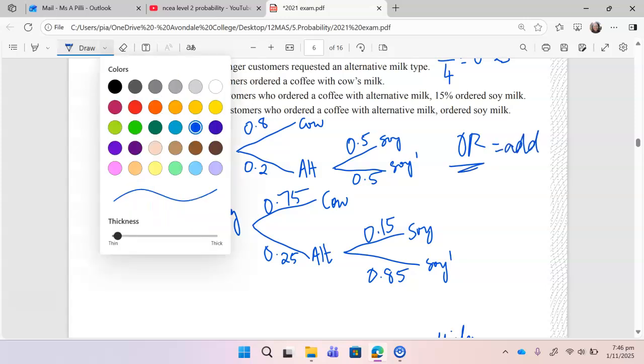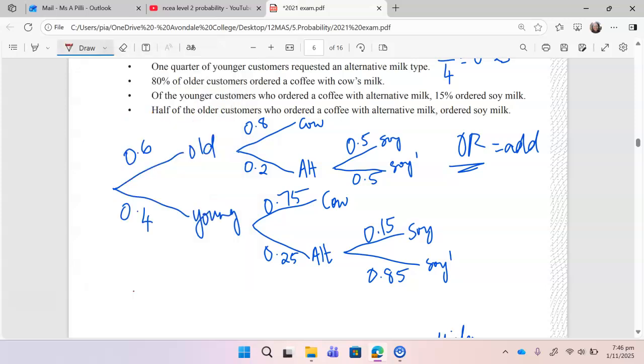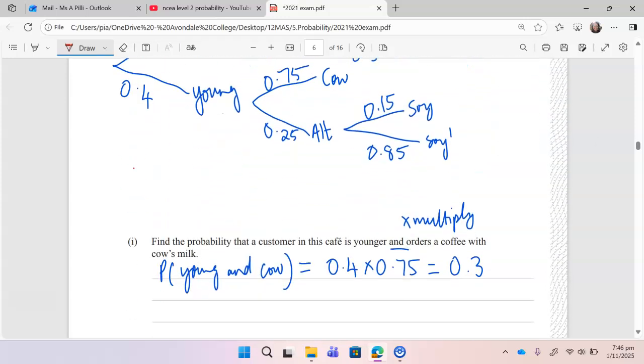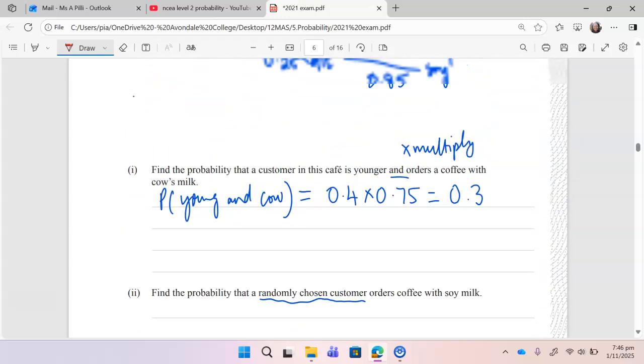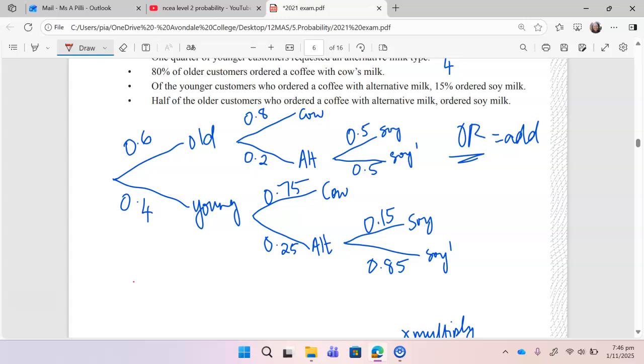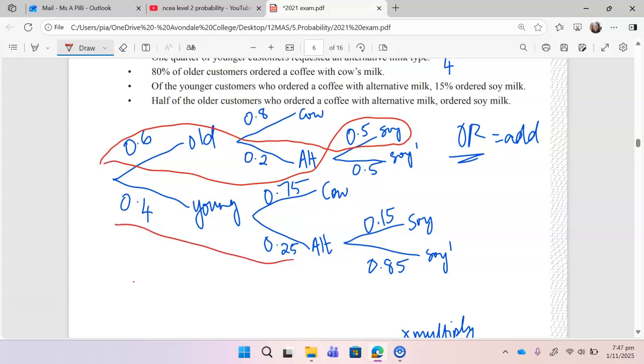So for that, we first need to calculate old and soy milk as well as young and soy milk, which means we also have to consider them ordering alternate milk. And then add the answers up.